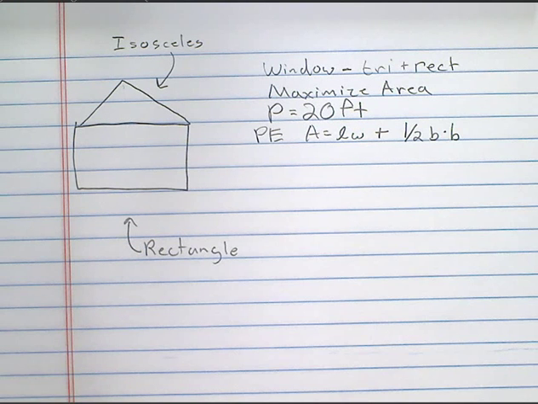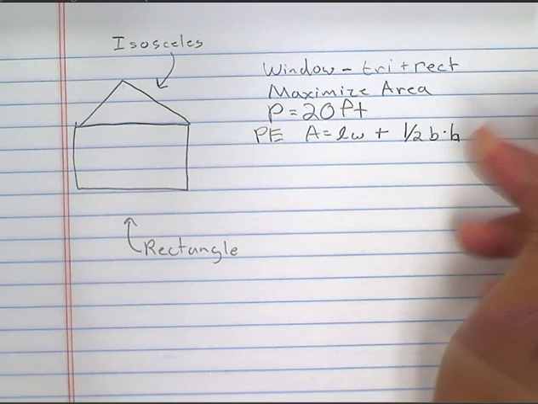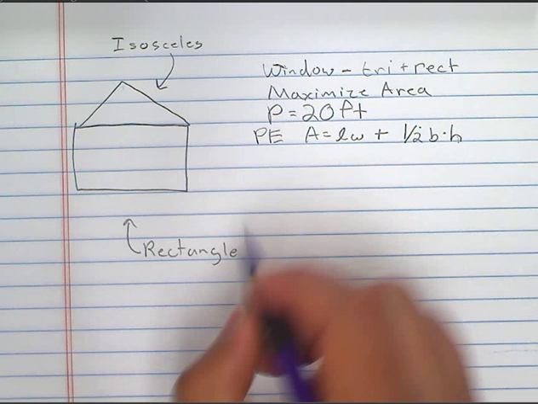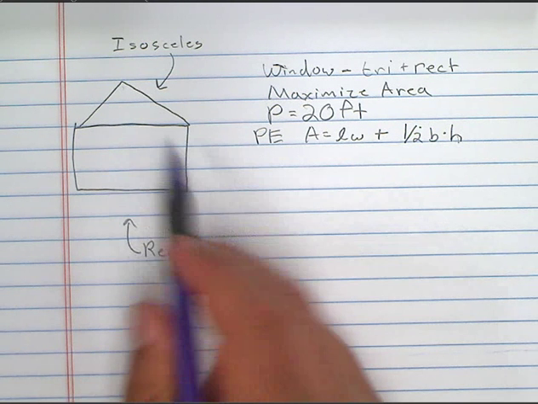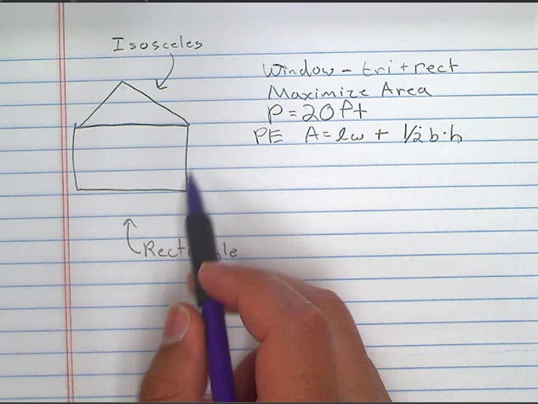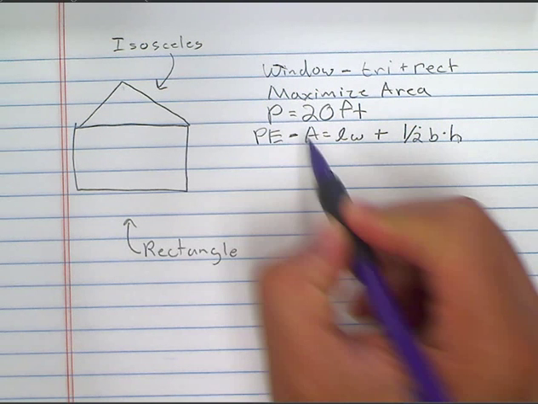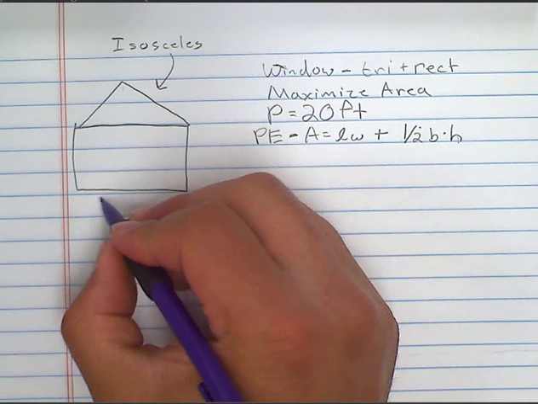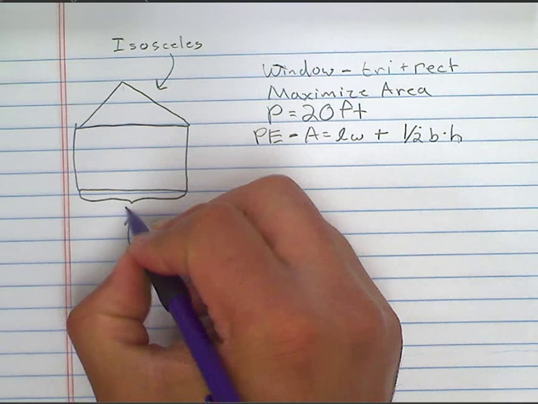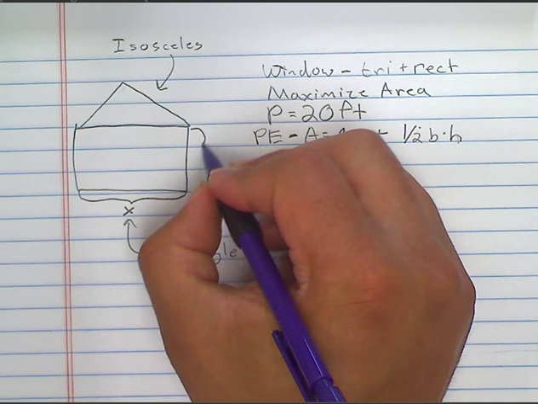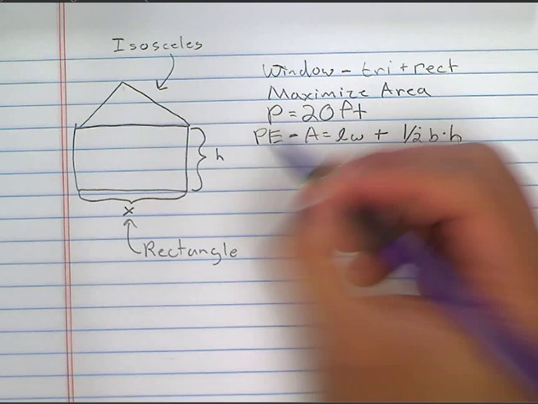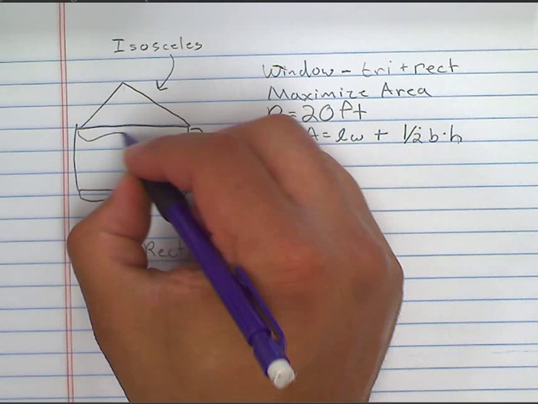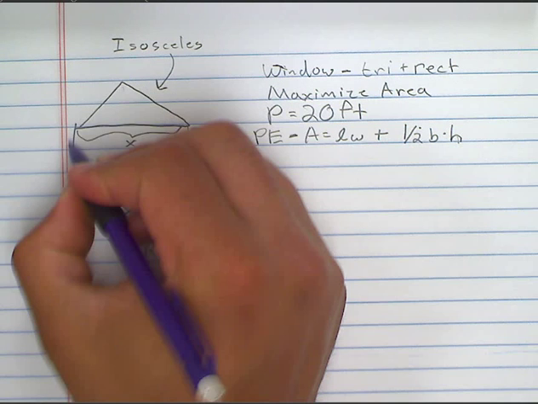Sorry, I said base times base there. Let's label this with as few variables as possible. So let's say we call this x, and let's say we call this h. Well, that means this would be x as well, and this would be h as well.